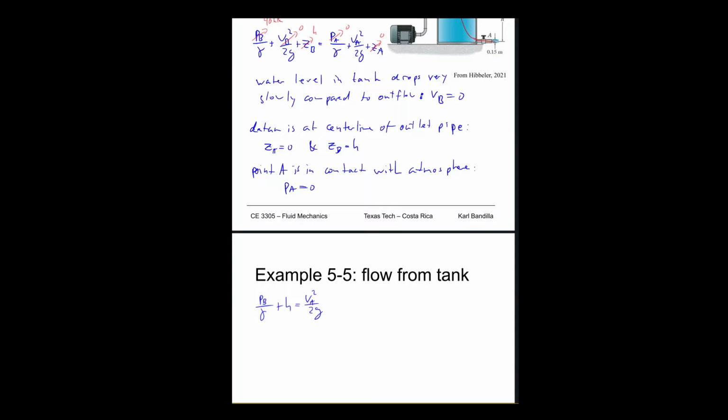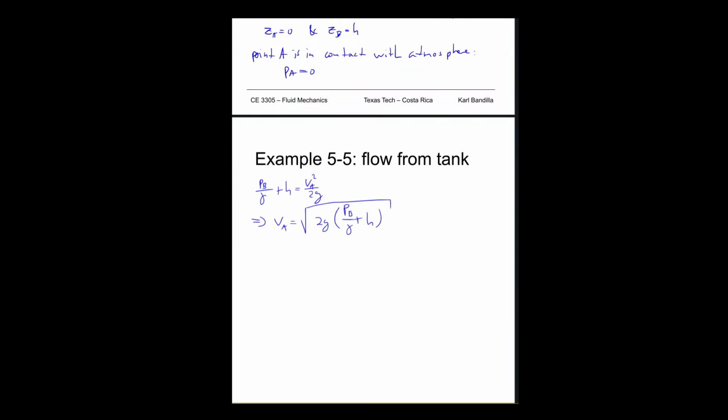All right, so we want to have VA, of course, so we can get our flow rate. So if you solve that for VA, we'll need VA, not VA squared. So VA is then equal to the square root of 2g times PB over gamma plus H. What can we do with that? Not a whole lot, I think, so we'll just leave it as is.